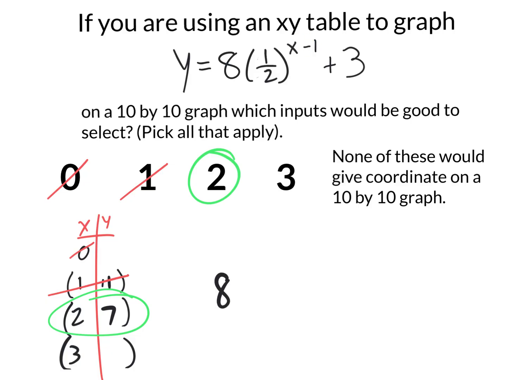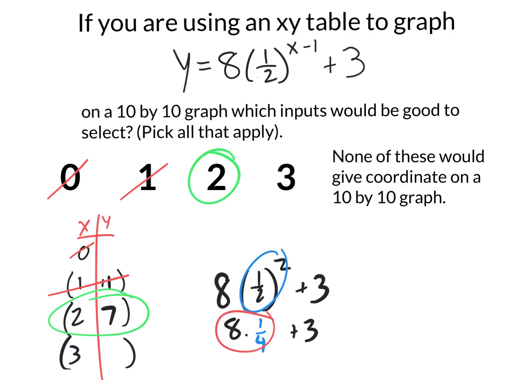So you would have 8 times 1/2 to the power of 2, and then plus 3. 1/2 to the power of 2 becomes 1/4, but you're still multiplying by 8, and then you're adding 3 at the very end. 8 times 1/4 is 2, and 2 plus 3 is 5. So when you plug in a 3, you get out a 5. So yes, that's also a good option. The inputs 2 and 3 are great options because they give you 2 points, and then plus your asymptote, you'd be able to graph it.